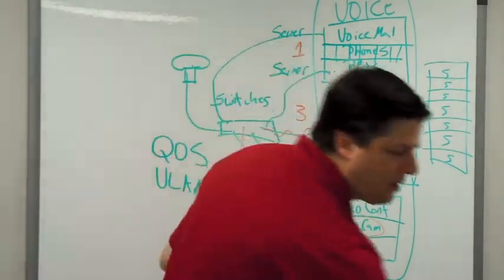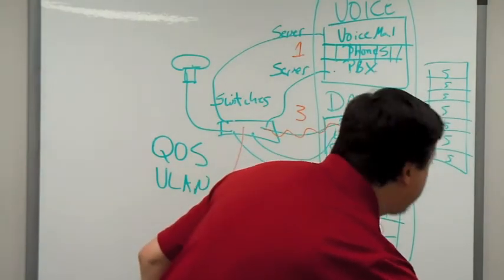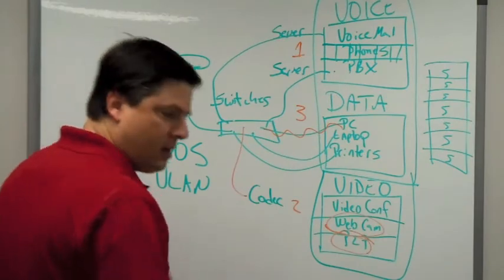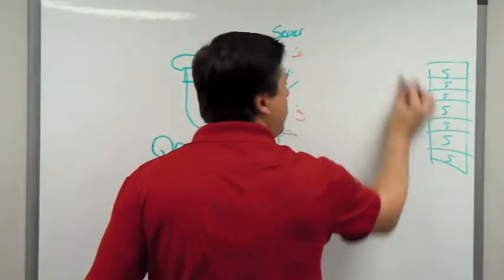UCS is essentially the same idea. We're going to take a lot of these products and combine them and find better ways to manage them. So, for example, I'm going to erase this part right here since we pretty much know what our network looks like now, and I'm going to talk about these servers.